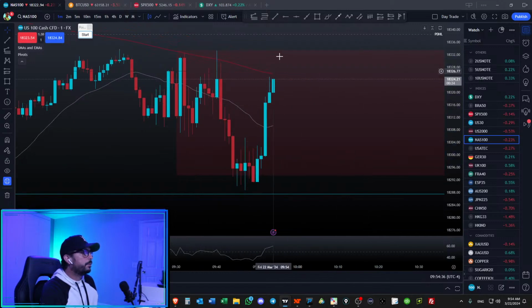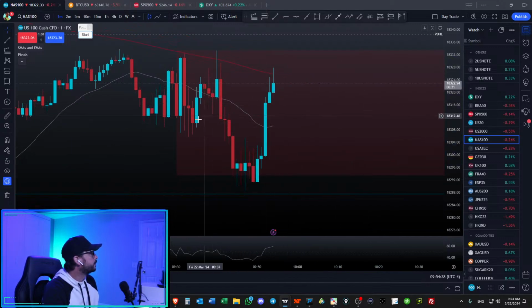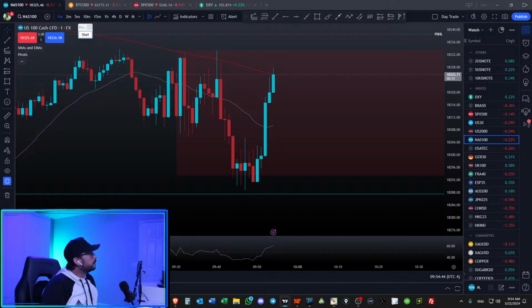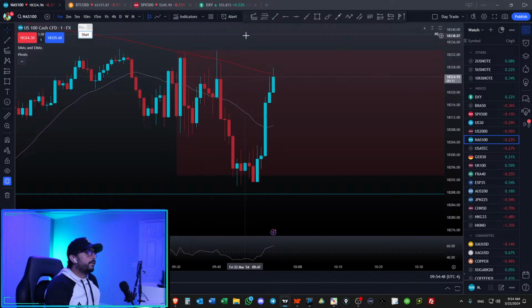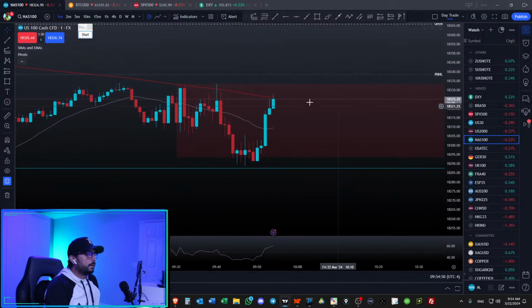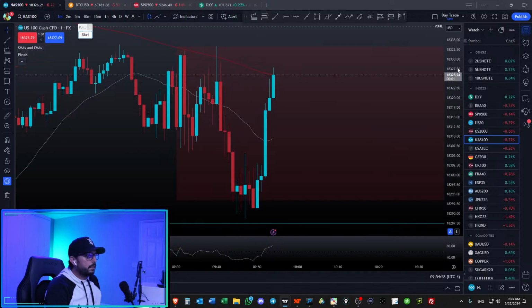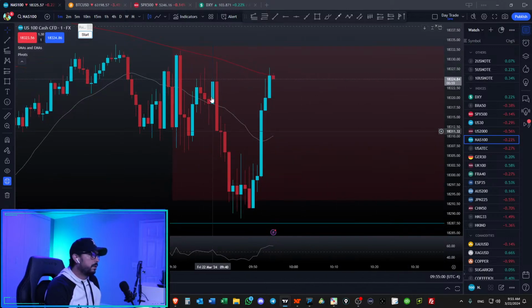Let's see what the price does on that area. If it works. Don't know if I want to trade on this area here. Very dangerous here. Oh wait. Let's see what it does on this.